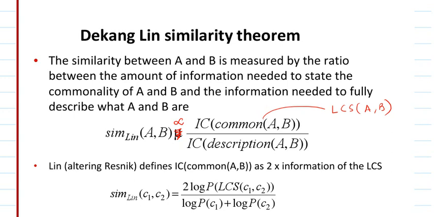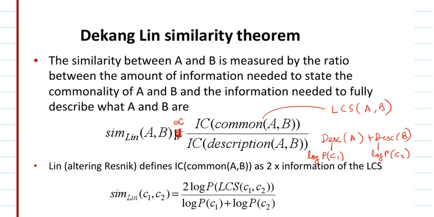So the description of A and B is the description of A plus the description of B, which can now be defined as log probability of C1 and log probability of C2, right?